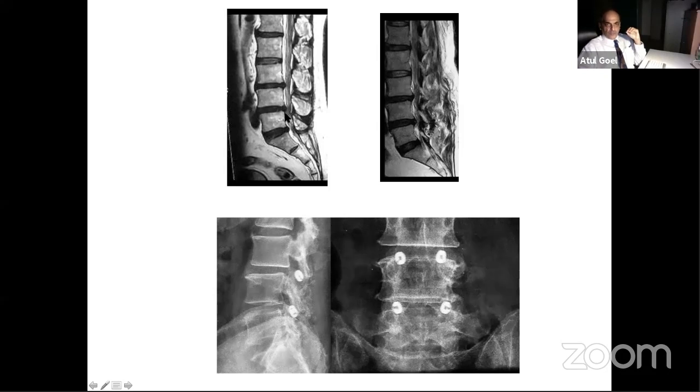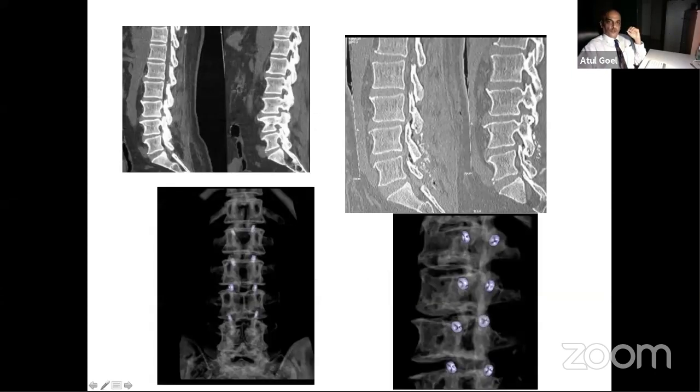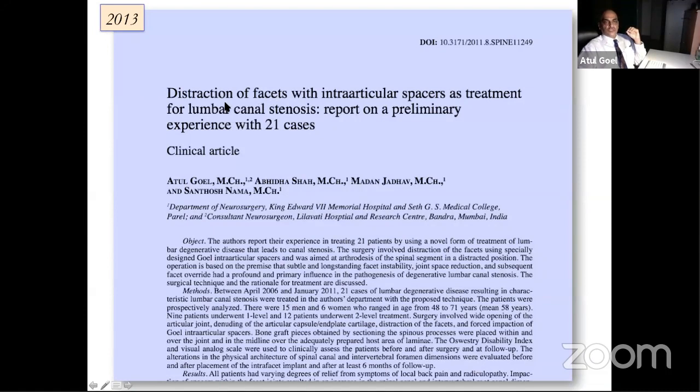There is no problem with the disc, no problem with the osteophyte, no problem with the ligamentum flavum. It needs distraction, reduction, and fixation by these spacers. So multi-level lumbar canal stenosis can be treated by multi-level facetal distraction. So we introduced this concept, distraction of facets, for the treatment of lumbar canal stenosis.